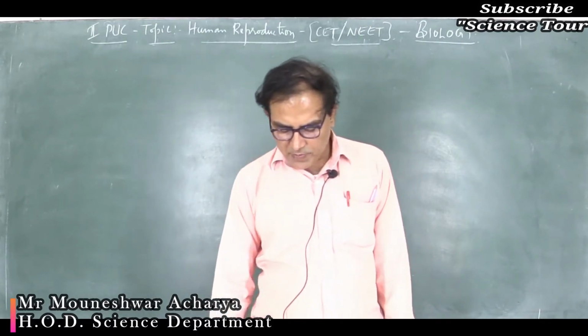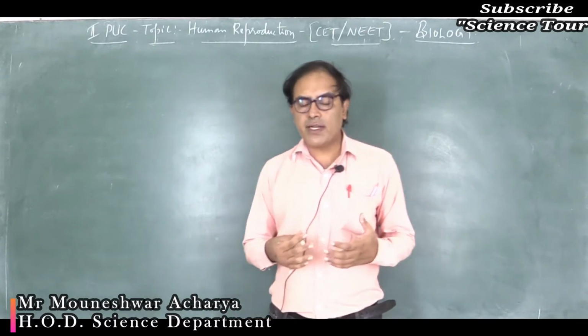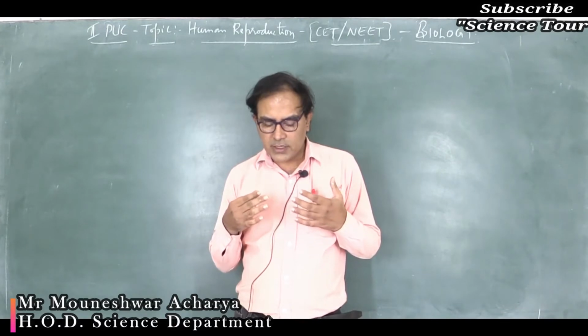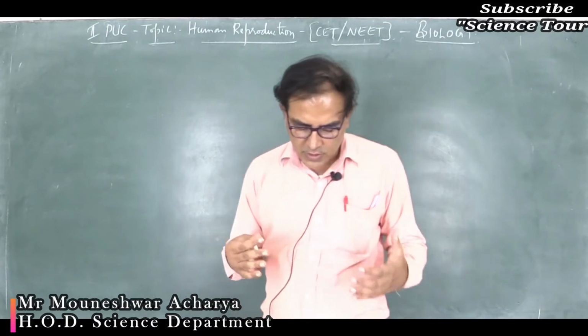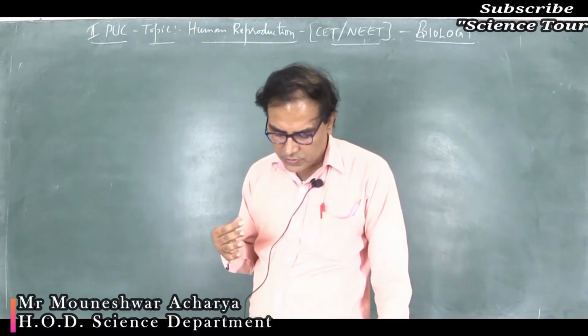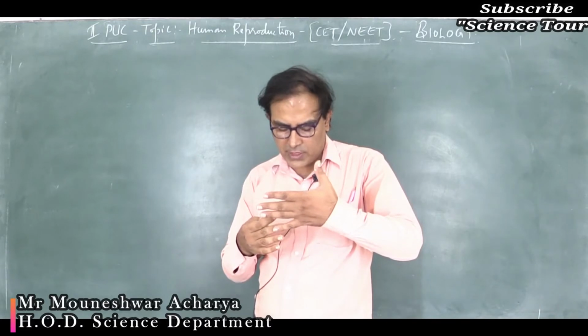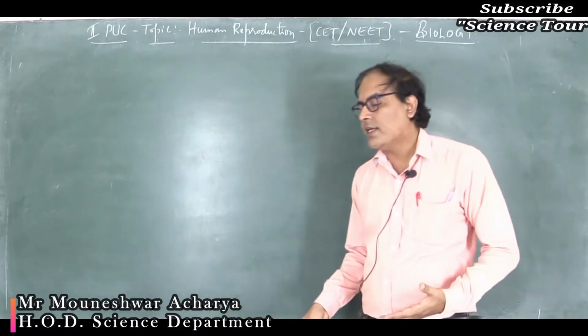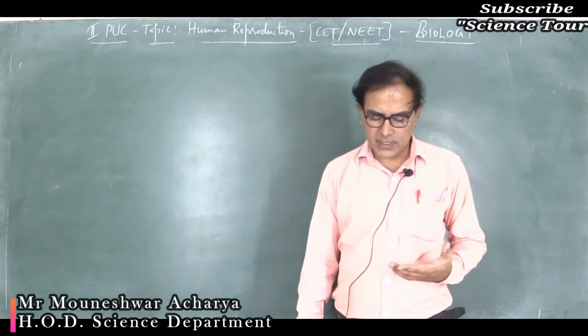So what is the mons pubis? It is an inverted, triangular-shaped protrusion of fatty tissue over the pubic bone in human females, and it is part of the female external genitalia.